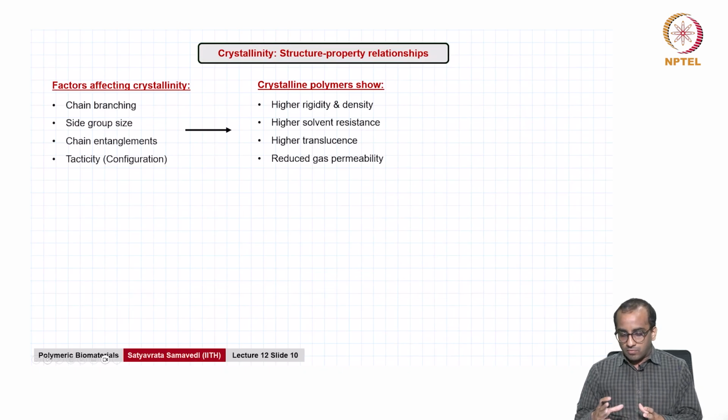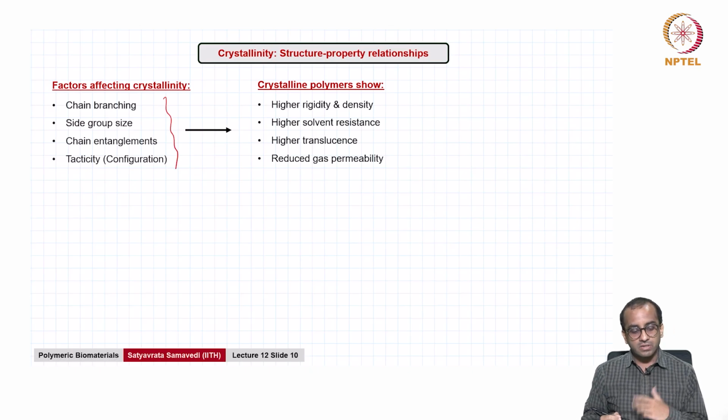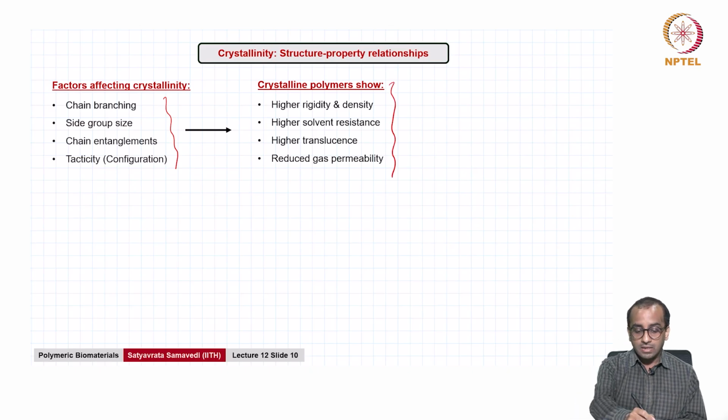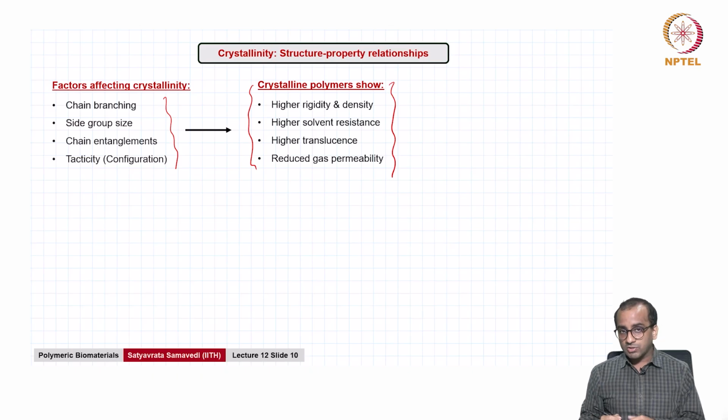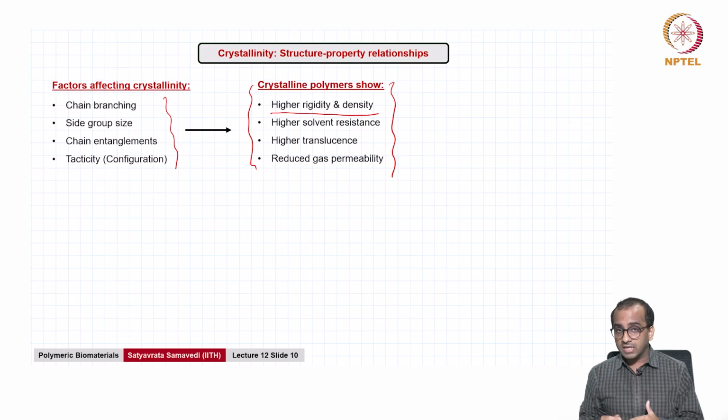Now, with this understanding of crystallinity and crystallization, as we have already seen, things like chain branching, side group size, chain entanglements and tacticity can affect crystallinity. We now see that for crystalline polymers, and when I say crystalline I mean semi-crystalline polymers, a higher degree of crystallinity has a significant impact on bulk properties. For example, highly crystalline polymers typically show higher rigidity and density.